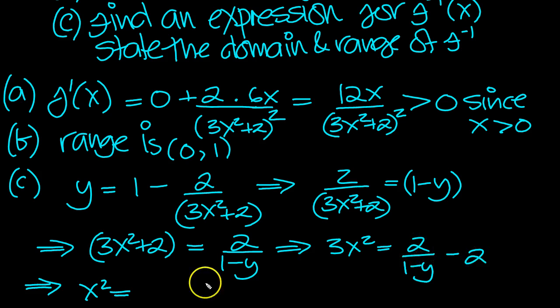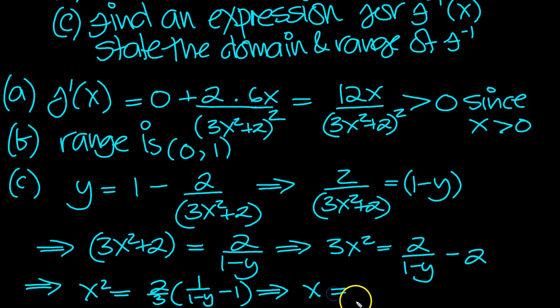Now there's a 2 common, so I'm going to take that outside a bracket and put the 3 alongside it, and I've got 1 over 1 minus y minus 1 basically. So that tells us, let's square root both sides. So we've got x is equal to the square root of 2/3.